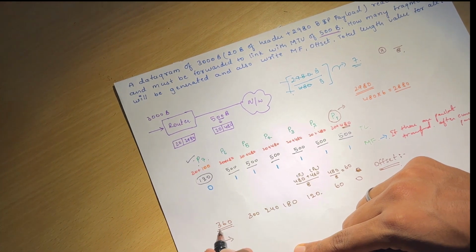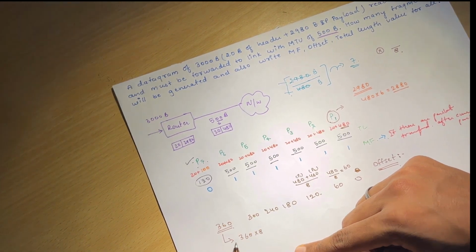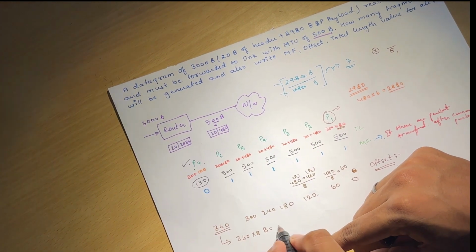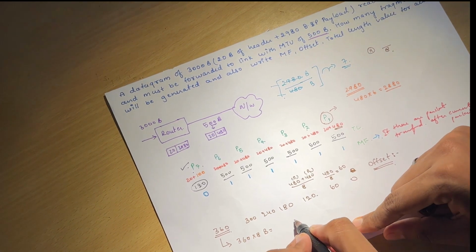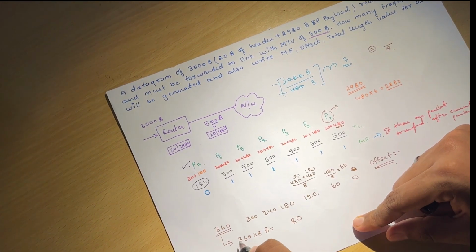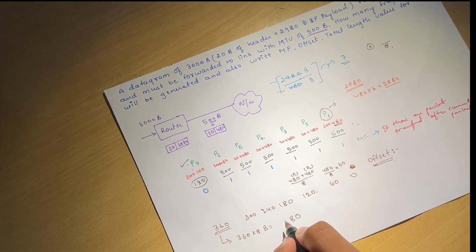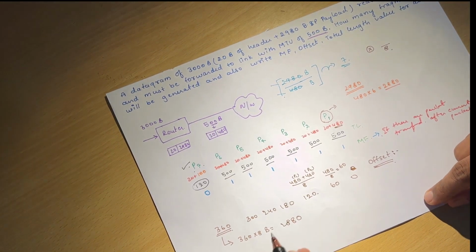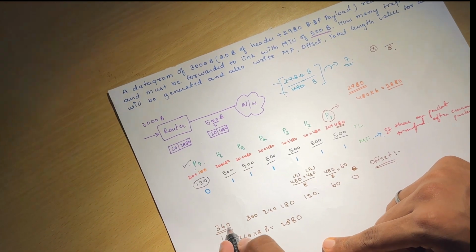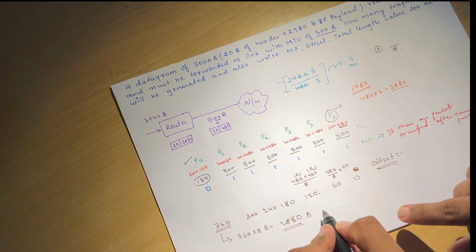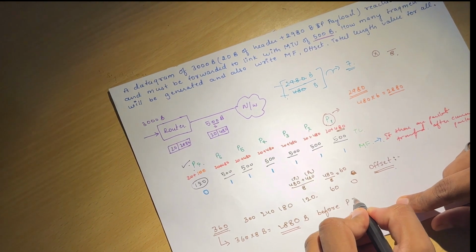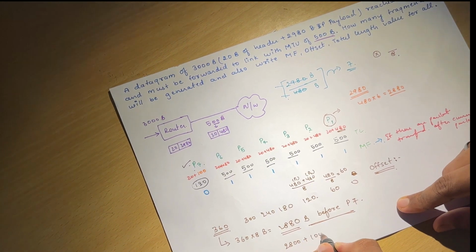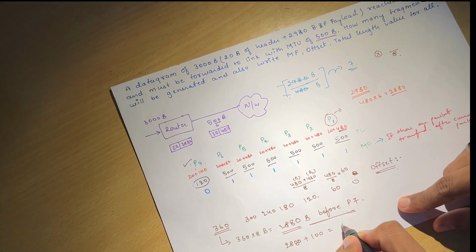Now just to get a clear understanding, for example we are at P7 and this 360 shows that 360 into 8 bytes of data were transferred before the packet P7 was sent. So 360 into 8 is 2880. This means this much byte of data was transferred before P7, and P7 has transferred 100 byte of data, so it is coming to 2980.